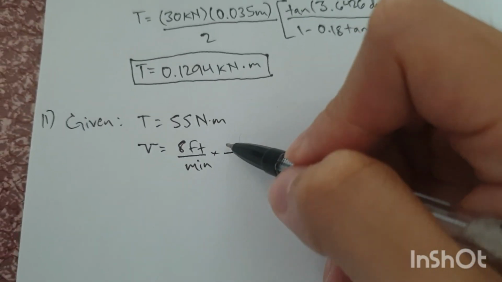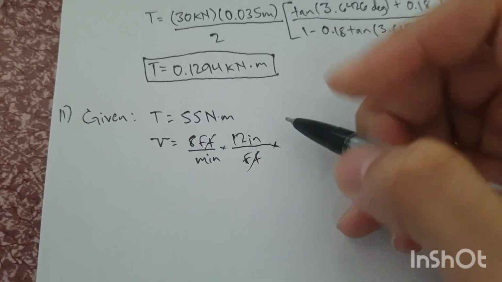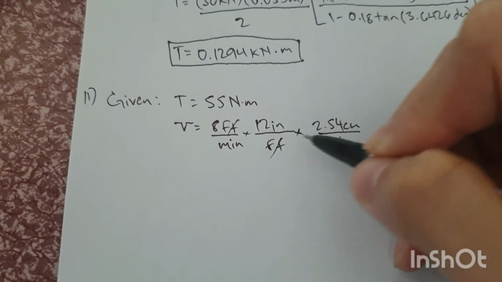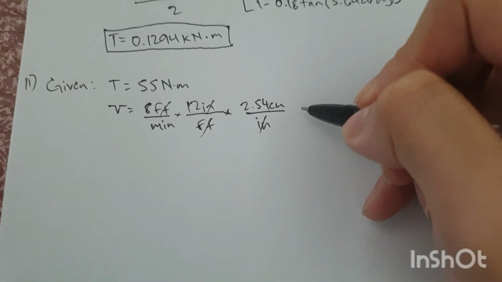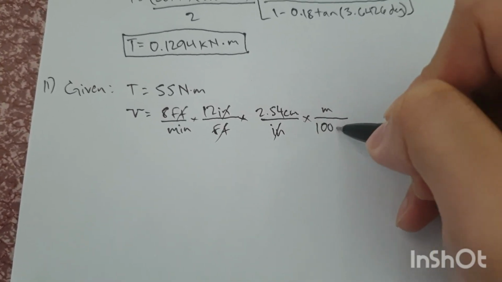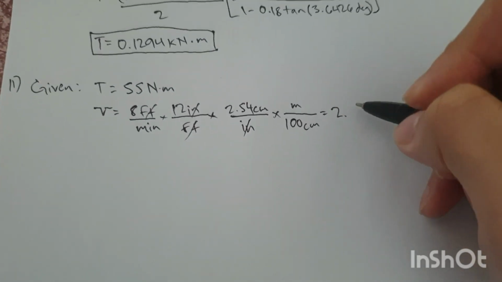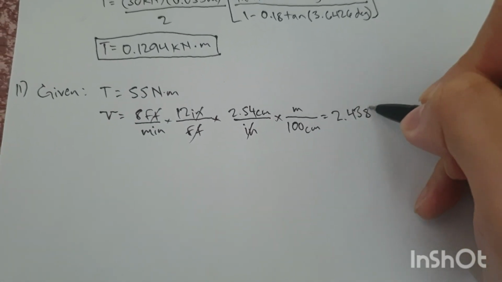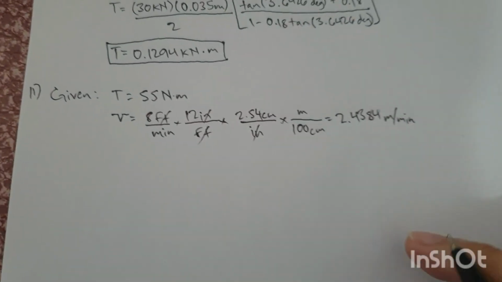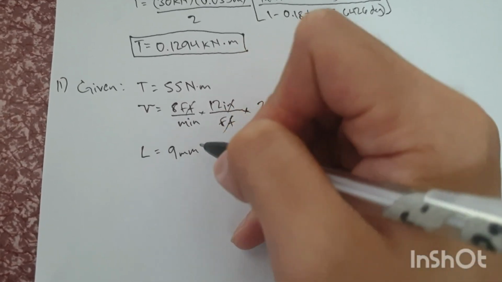So this is 12 inches per foot, cancel, then 2.54 cm per inch, so this would cancel also, and then times 1 meter per 100 cm, so this would be equivalent to 2.4384 meters per minute.